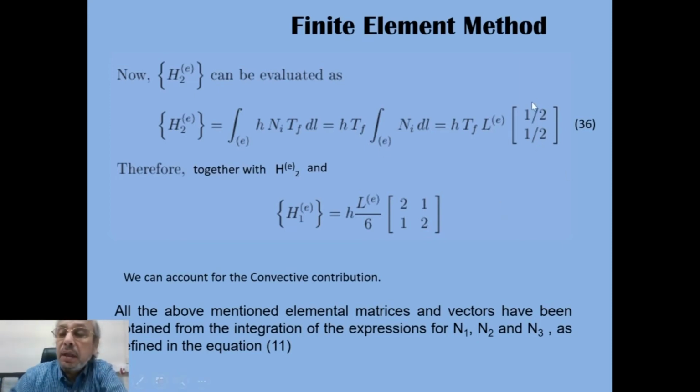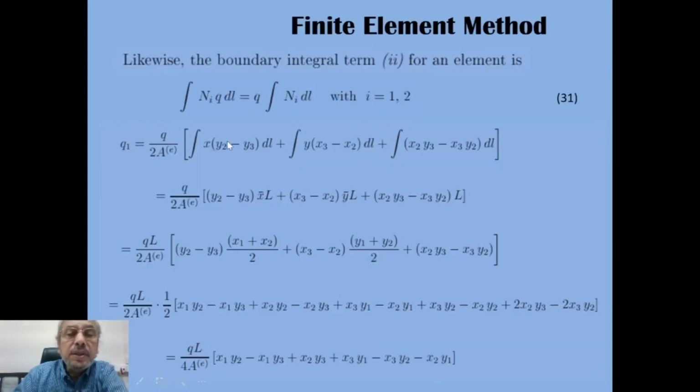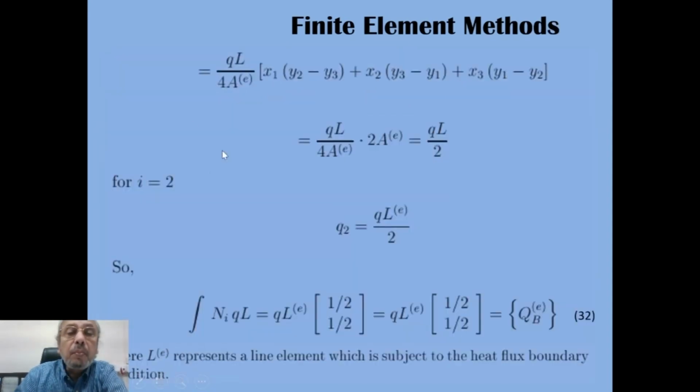That forms the column matrix. Just not to confuse you, I will go back once to show this integration of Ni dl, how we did it in the first slide. So this is the integration of Ni dl. What I said, finally we got whatever is a constant term outside, and this is 2a by 4a.